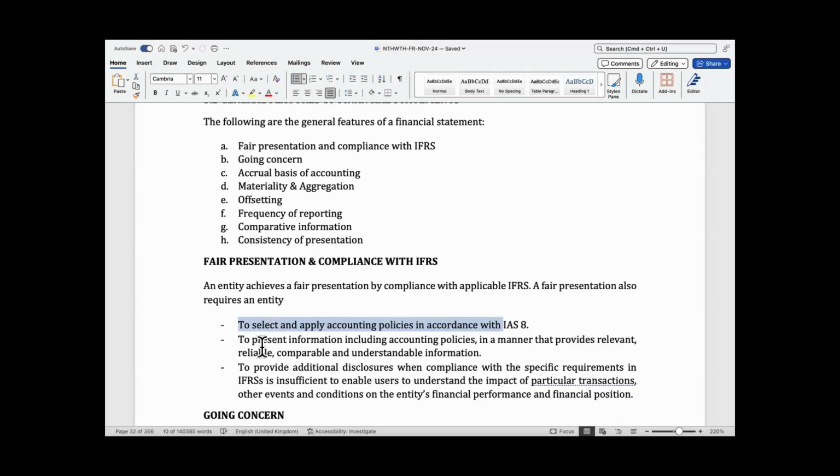And when you select those policies, you must present your information and those policies in your financial statements in a way that provides relevant, reliable, and comparable information. You would also provide additional disclosures when it is necessary, where just complying with an IFRS will not provide sufficient information and you will need to give people additional information.